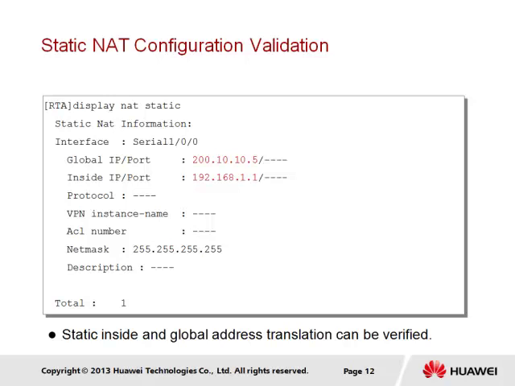In this case, we have only configured a single static mapping, which can be clarified by the total at the bottom of the display output. We can determine that this mapping has been applied to interface serial 1/0/0, in which the internal address of 192.168.1.1 has been mapped to the public address of 200.10.10.5.